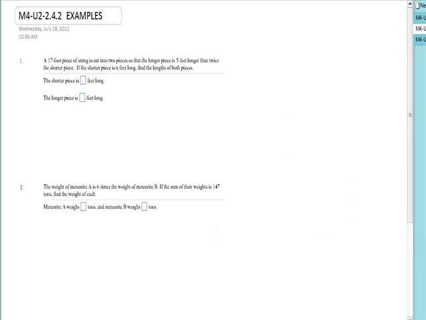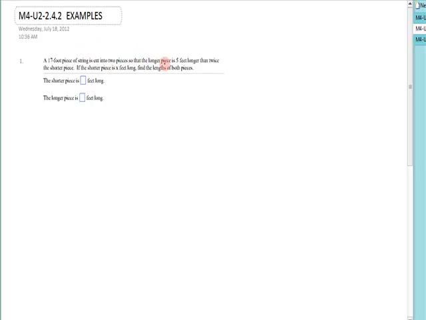All right, the first one says a 17-foot piece of string is cut into two pieces, two unknowns, so that the longer piece is 5 feet longer than twice the shorter piece. That's the comparison. It goes on to say if the shorter piece is X feet long, find the length of both pieces. All right, let's go back.